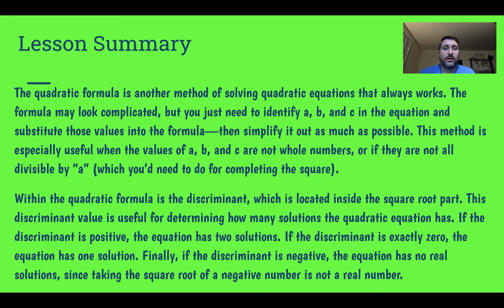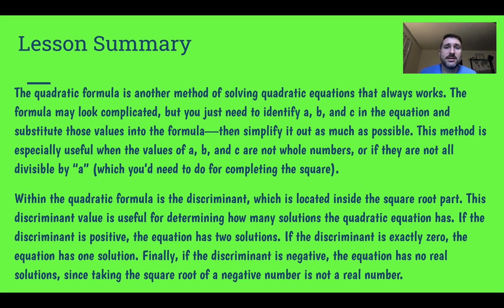Within that quadratic formula, there's also the discriminant, which is located inside the square root part. The discriminant value there, that b squared minus 4ac, is useful for determining how many solutions the quadratic equation will have. If the discriminant is positive, there will be 2 solutions.